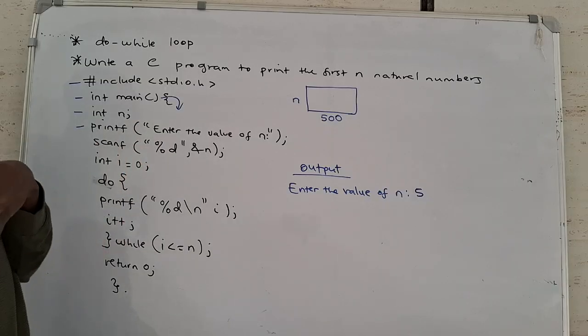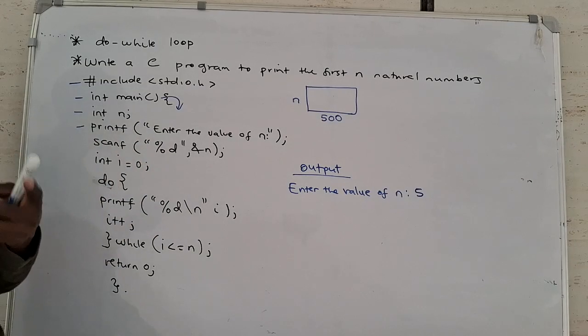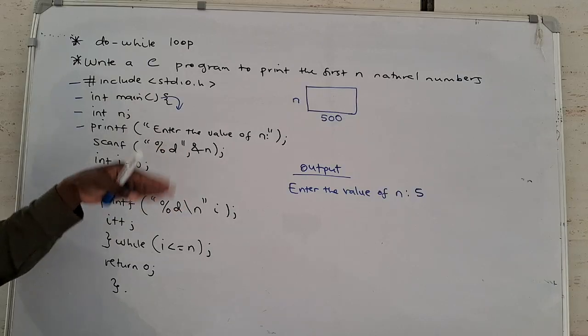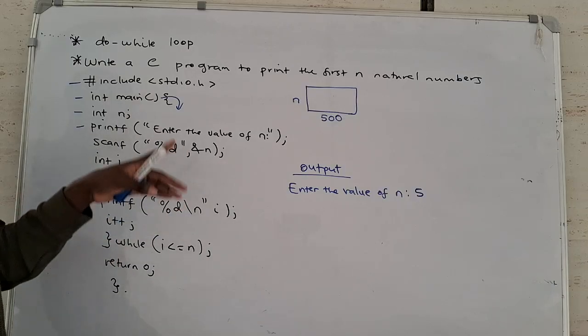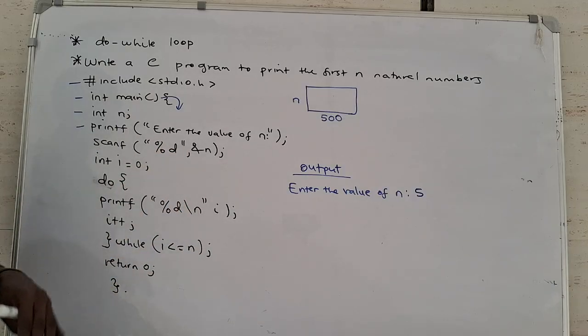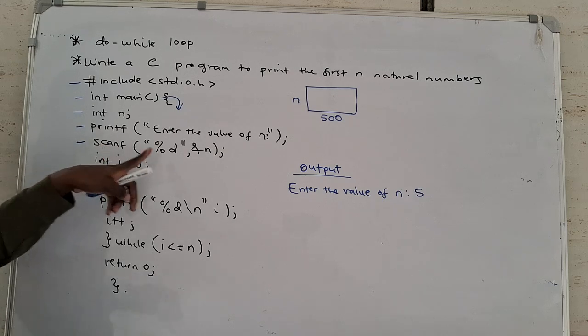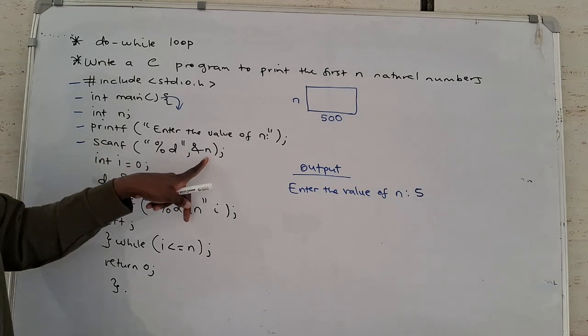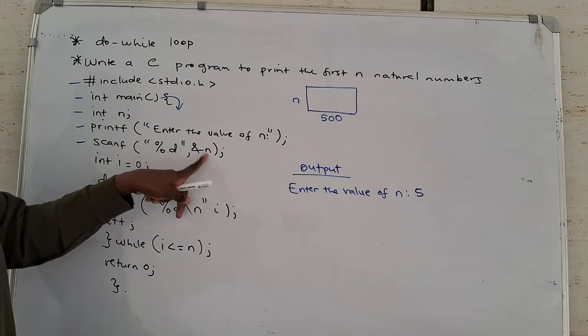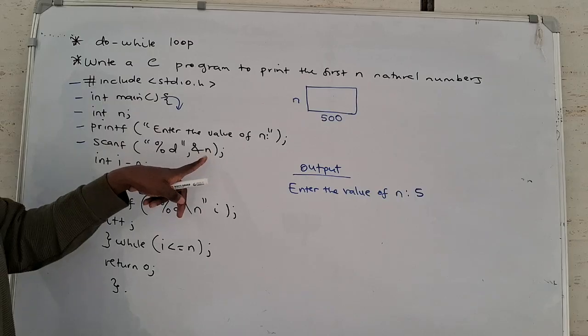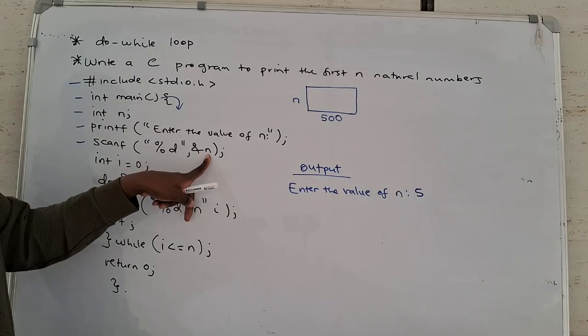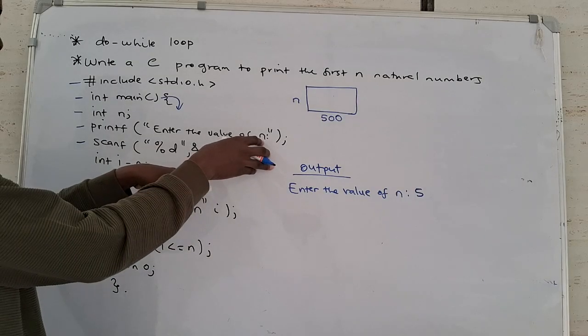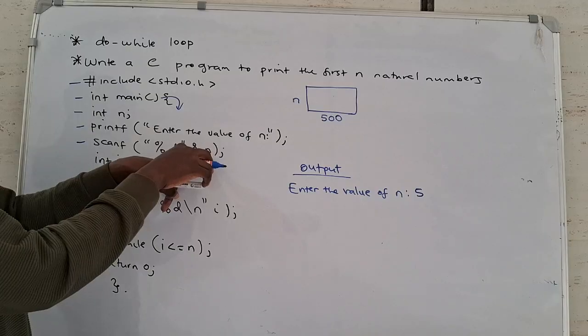Remember, the scanf function is used to take the input values. It is used to read the input values. Now, scanf percentage d ampersand n. The value now is being directed to the address of n. The value that we have entered here is now being directed to the address of n.